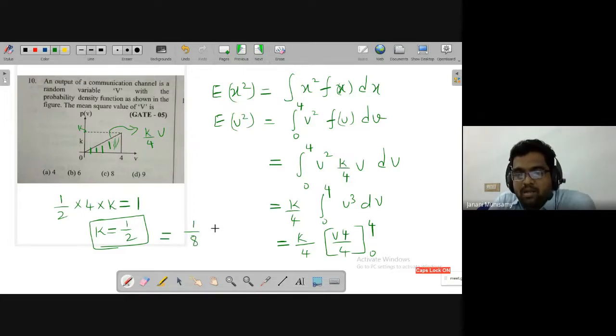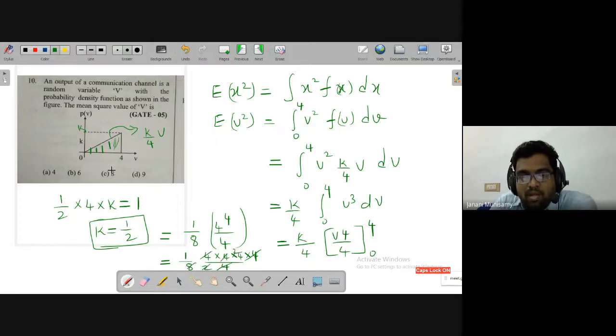Then 1 by 8, 4 power 4 divided by 4. Are we getting any answer here? So 8 is coming. So 8 is the answer.